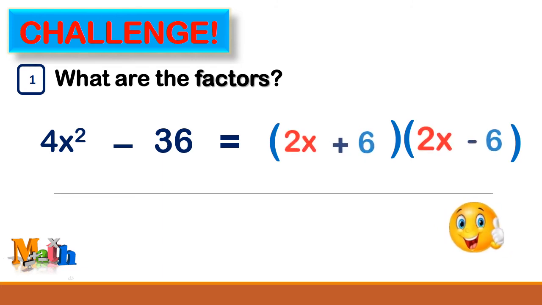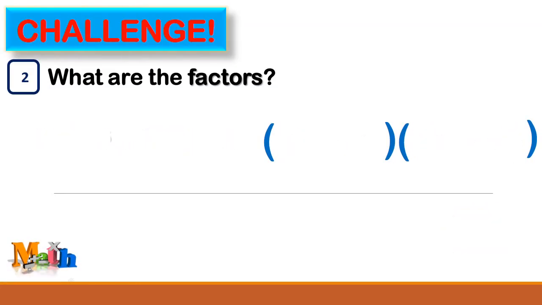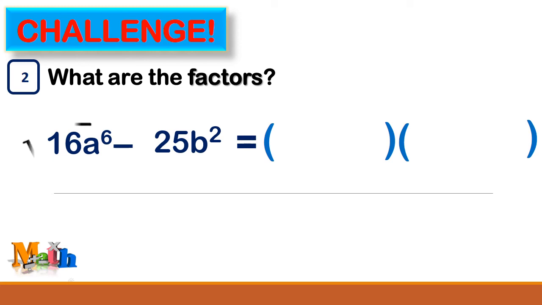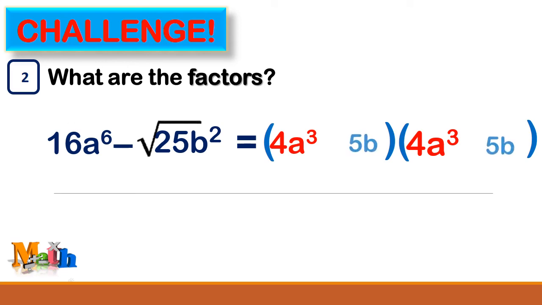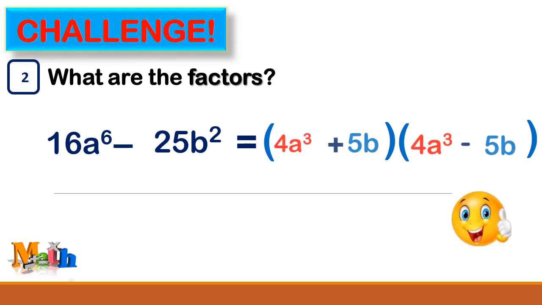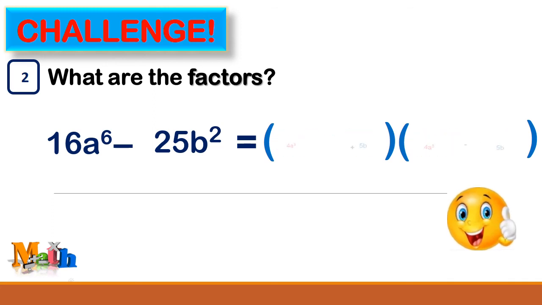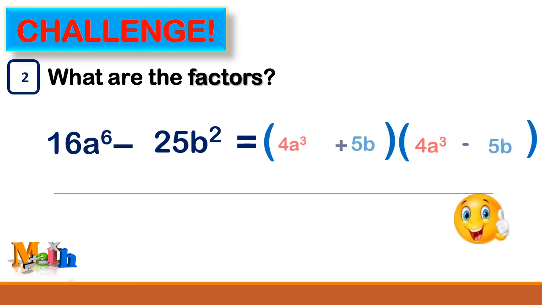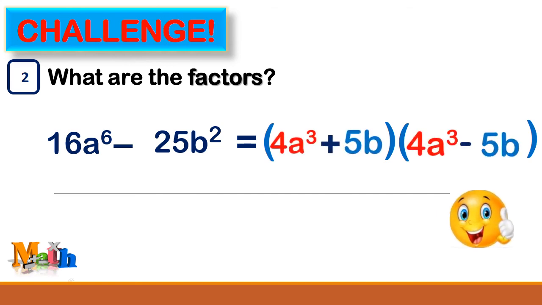Another. So what are the factors of 16a to the 6 minus 25b squared? So the final answer is 4a cubed plus 5b times 4a cubed minus 5b. And you are correct.